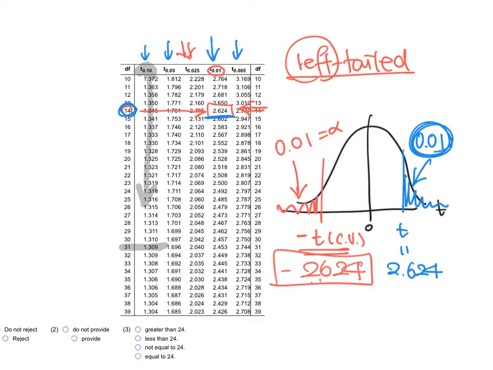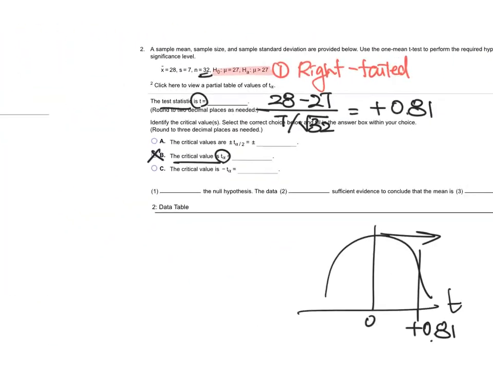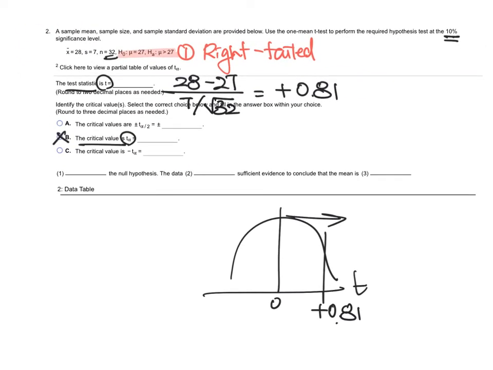I can take the critical value positive 1.309. So let me go back. That means it was the test statistic and the critical value, that is the positive 1.309.